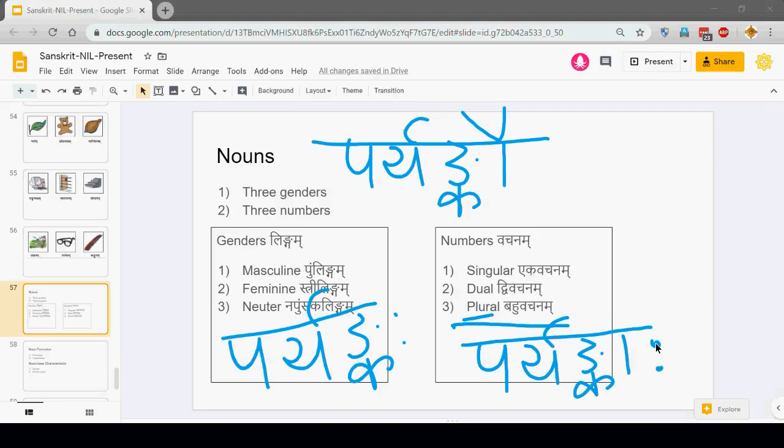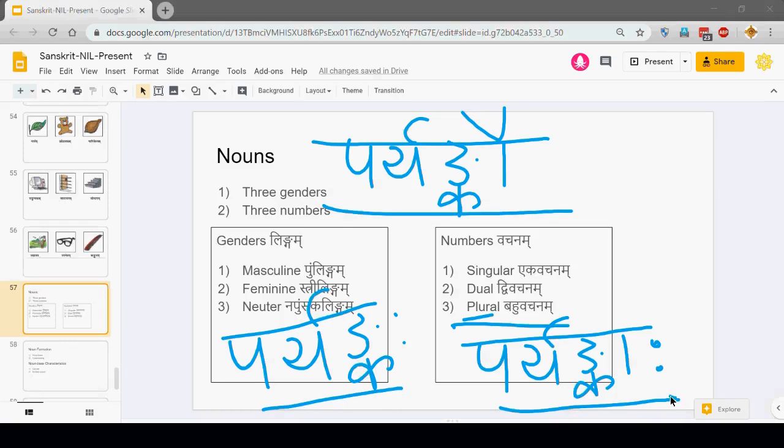So Paryanka, then there is visarga. Paryankaha, one bed. Paryankau, two beds. Paryankaha, more than two. It could be anything, 1,000, million.